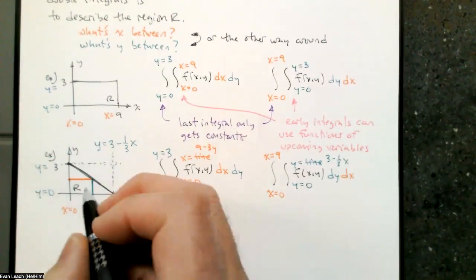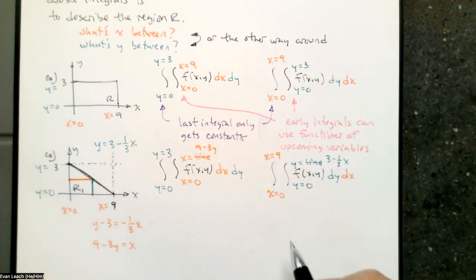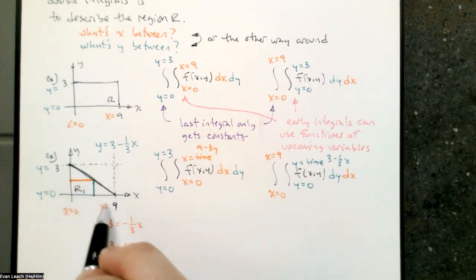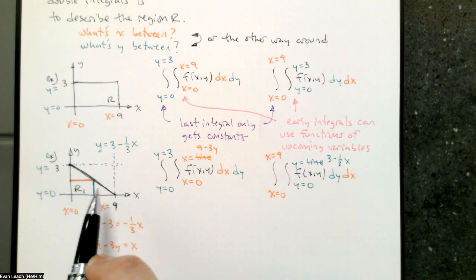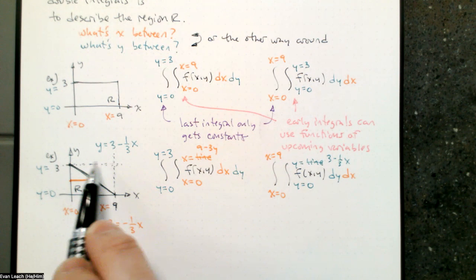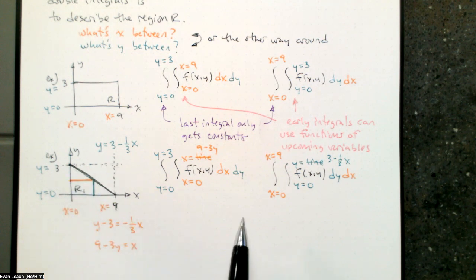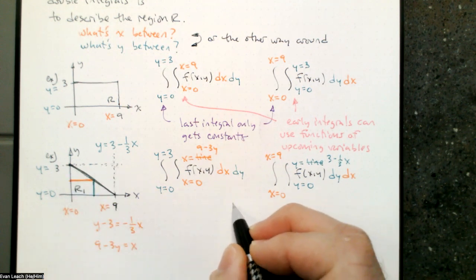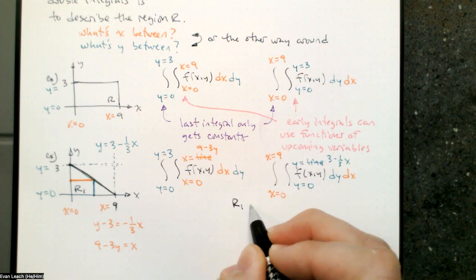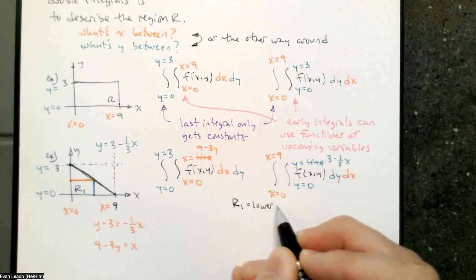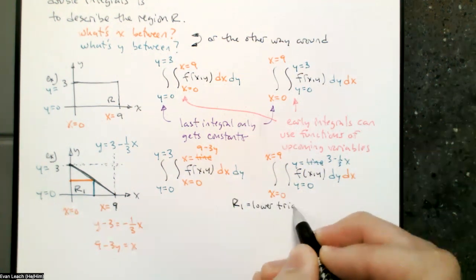Let's take the same region. Here's, let's say, R1. Let's take the same rectangle and divide it up and instead try to look at R2, the region above. So this is for R1. I'll call that the lower triangle.